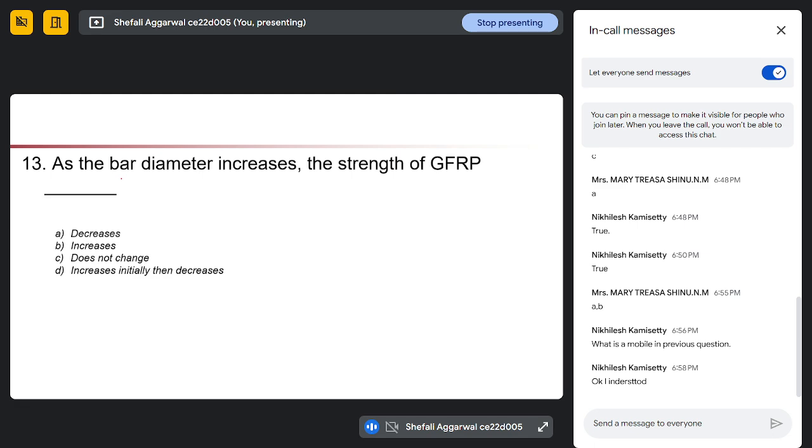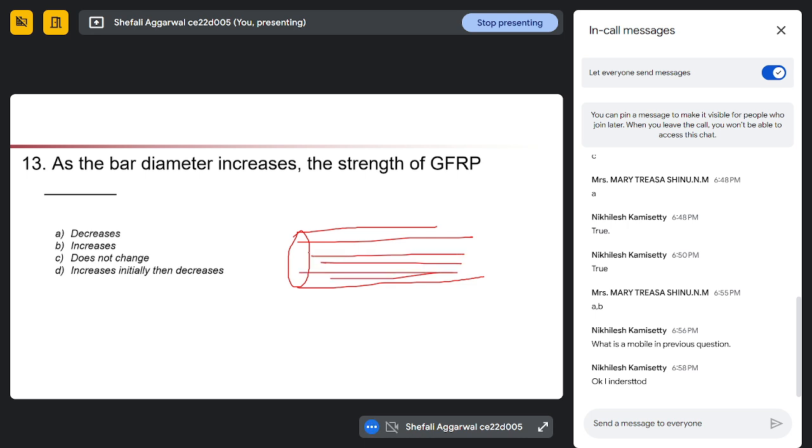The next question is, as the bar diameter increases, the strength of glass fiber reinforced polymer will increase or decrease. So this is your glass fiber reinforced polymer reinforcement.